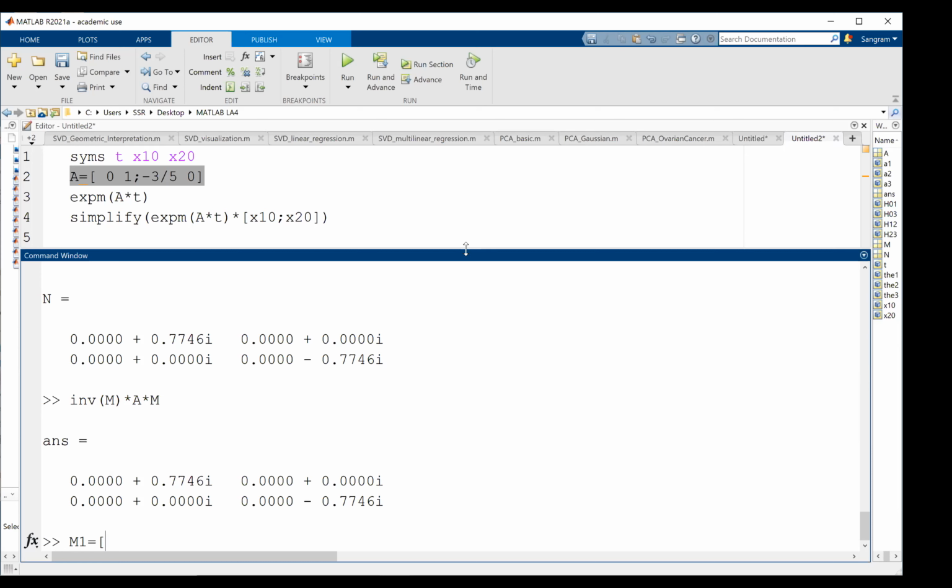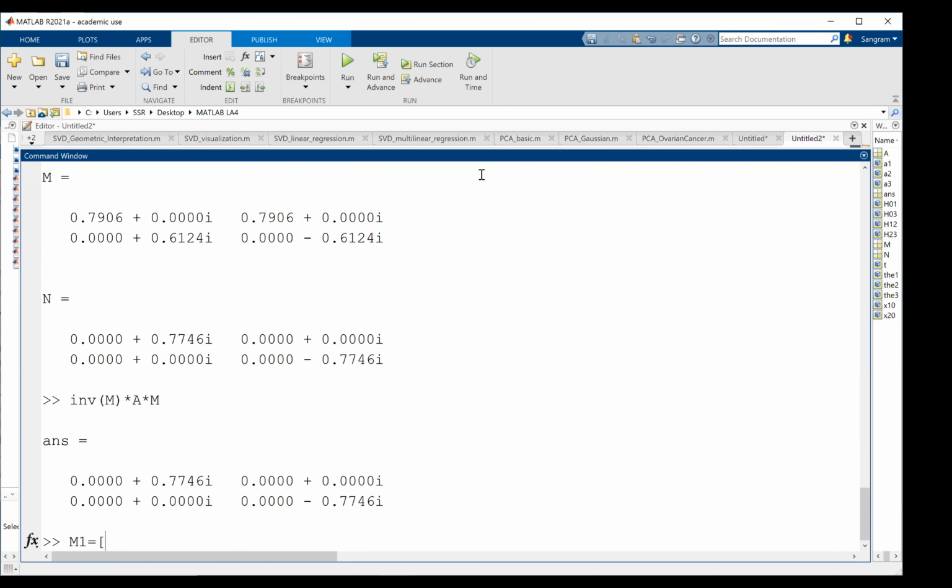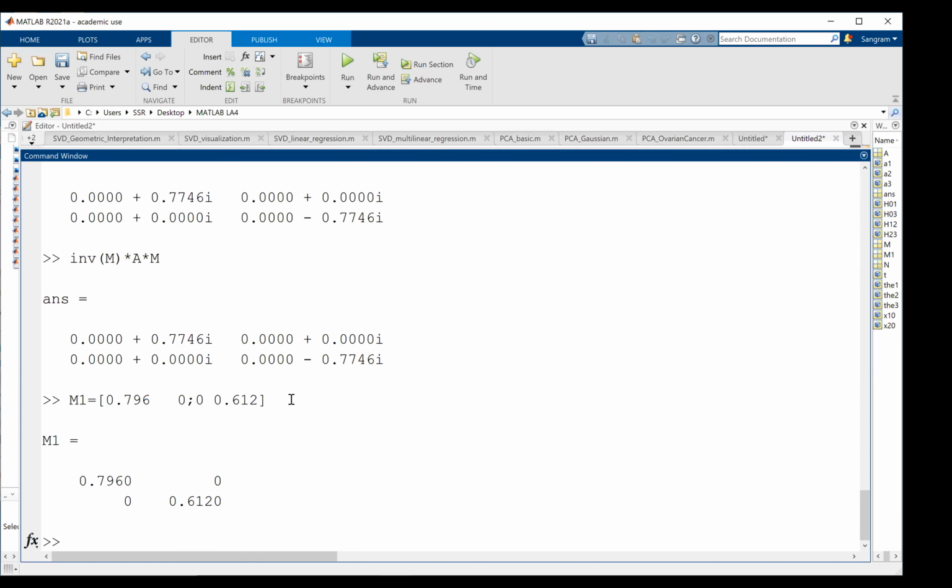This is going to look like 0.796, then 0, then 0.612. So what I did here is I took the imaginary eigenvector and separated it in terms of its real and imaginary components.